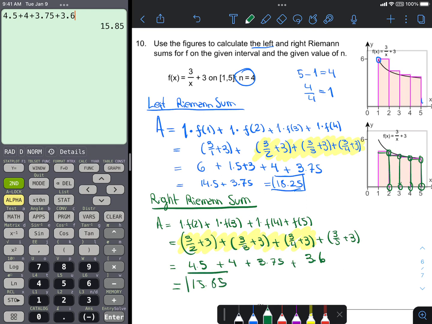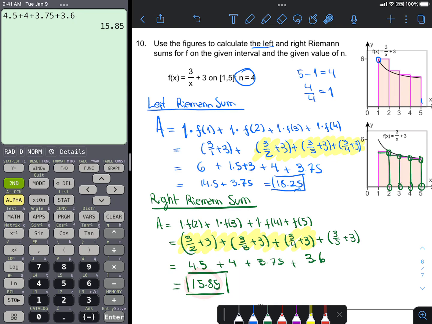The idea then, this is all the problem asks, but just to explain the idea of this question, what we're interested in is to find out what the actual area was, remember? So the first left Riemann sum was an overestimate because you can see there's extra area here on the top. So 18 is too much.